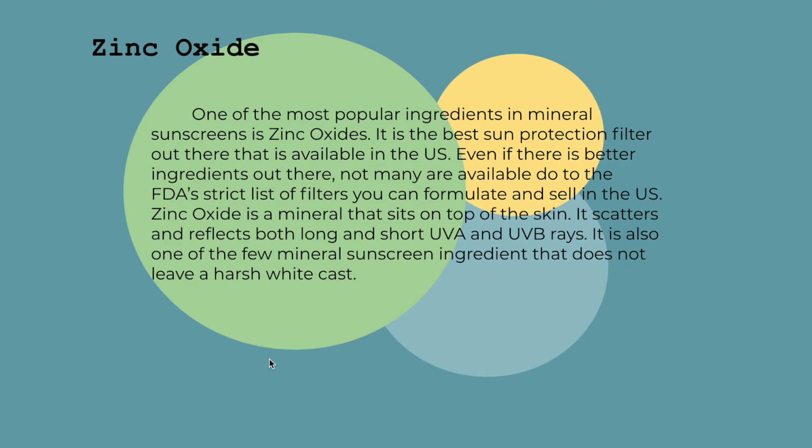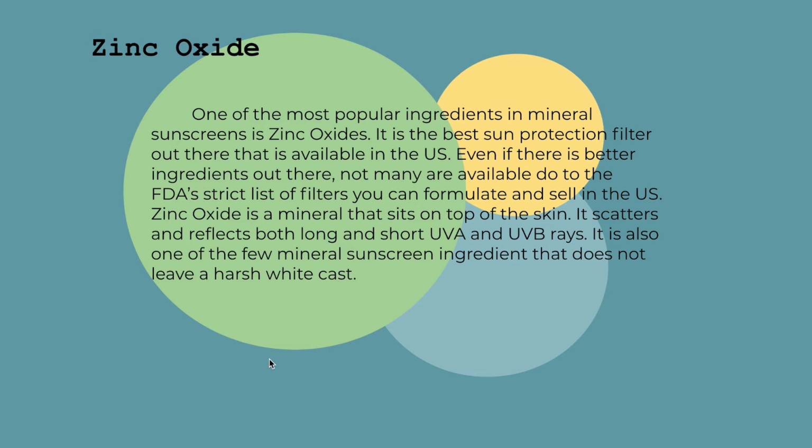Zinc oxide is one of the most popular ingredients in mineral sunscreens. It is the best sun protection filter available in the US. Even if there are better ingredients out there, not many are available due to the FDA's strict list of filters you can formulate and sell in the US.